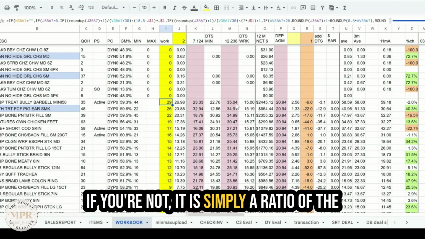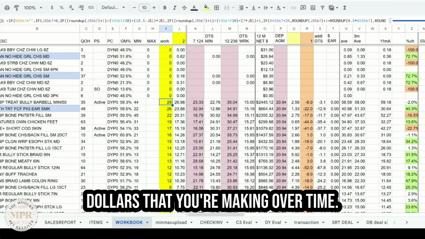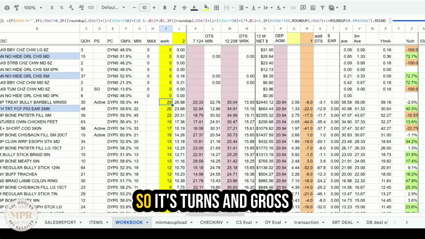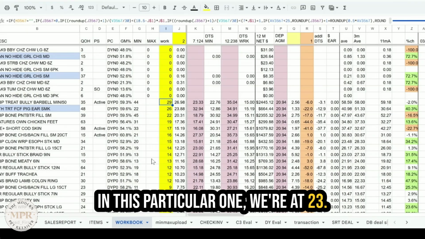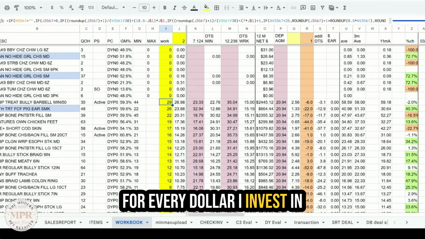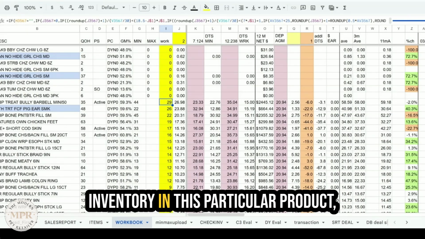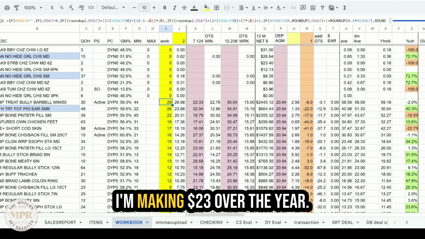If you're not, it is simply a ratio of the dollars that you're making over time. So it's turns and gross margin mixed together. And essentially the number there in this particular one is 23. For every dollar I invest in inventory in this particular product, I'm making $23 over the year.